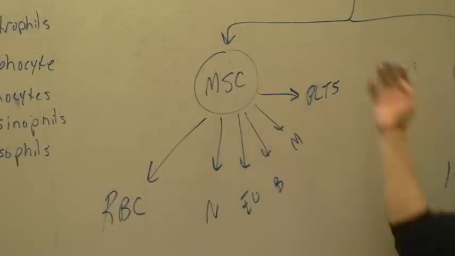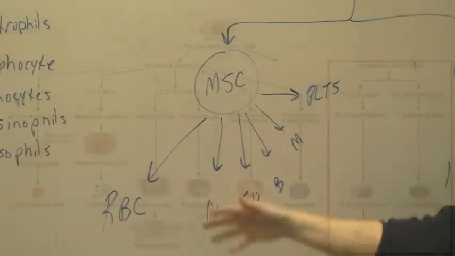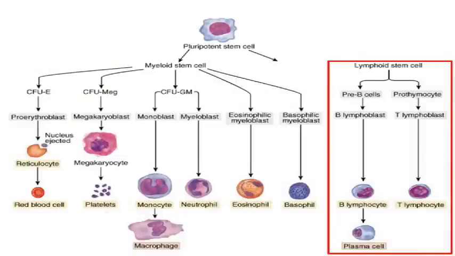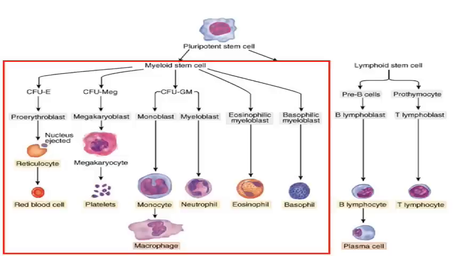So the myeloid stem cell has lots of options. So here's your lymphoid stem cell over here. These are going to be lymphocytes. There's different types of lymphocytes. We'll talk about that in a minute. But the myeloid stem cell, basophil, eosinophil, neutrophil, monocyte, a megakaryocyte, which is where the platelets come from, and the red blood cell.